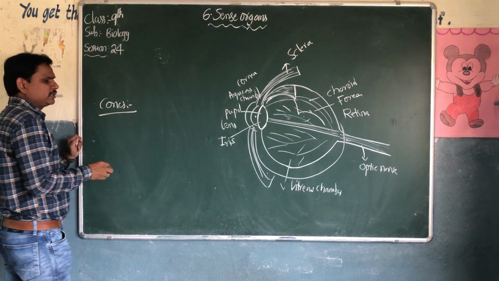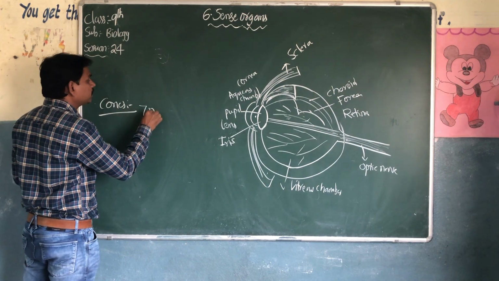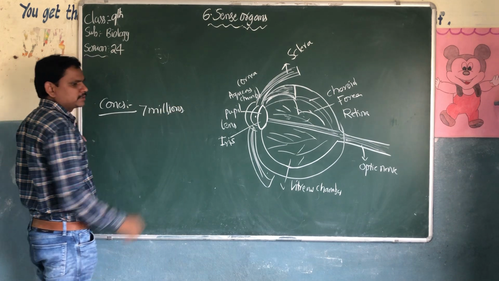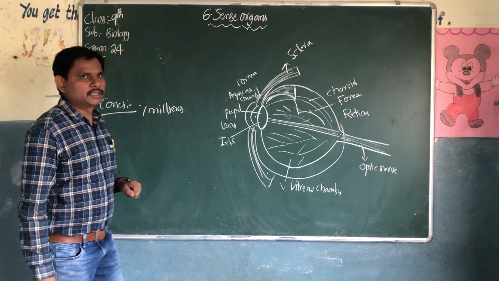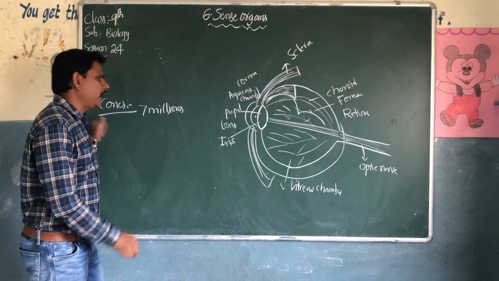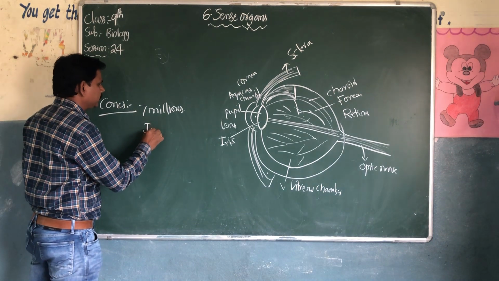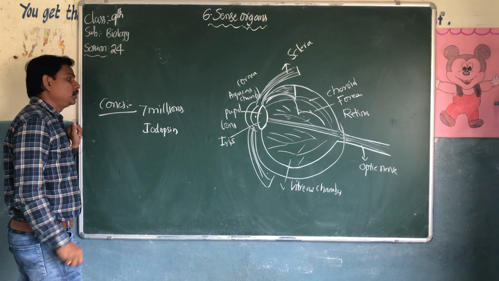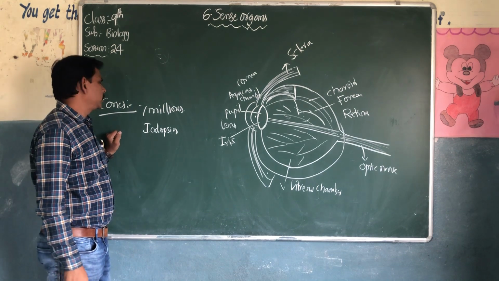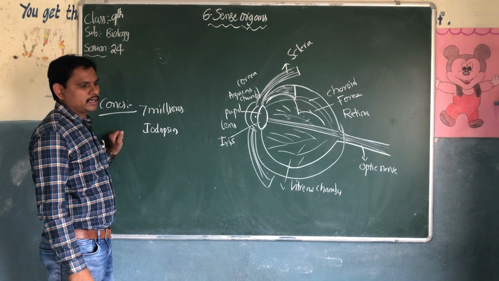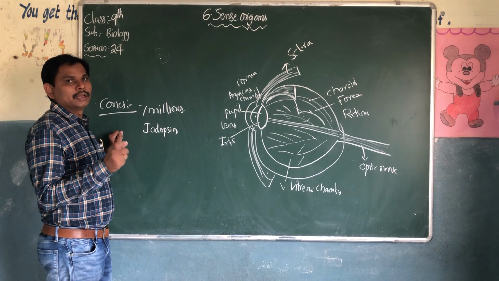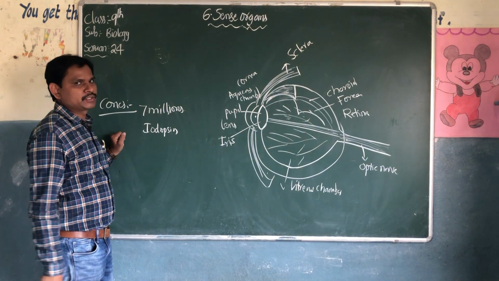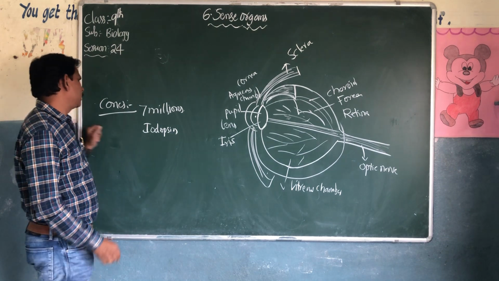In the eye there are 7 million cones. The cone cells contain iodopsin. They can detect blue color, red color and light. These nerve impulses are sent to the brain.